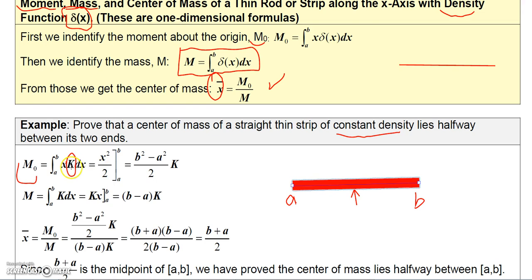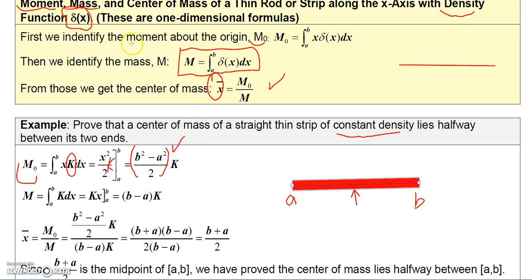Now when you integrate this, you get x squared over 2 times k. We'll assume k sits outside of the integral. If we evaluate this from a to b, we get b squared over 2 minus a squared over 2, which is the same as b squared minus a squared over 2, times the density k.